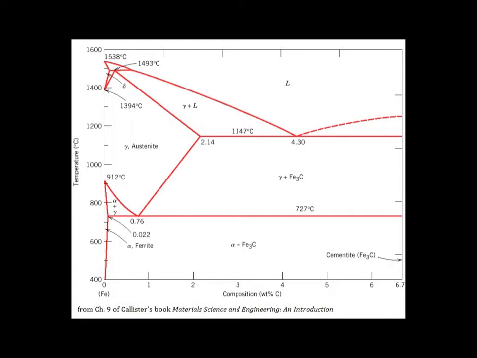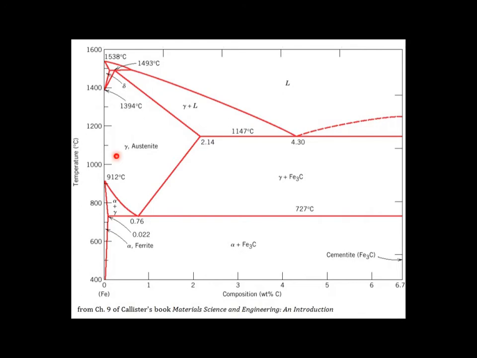This is obviously very important because iron plus carbon is the basis of forming steel alloys and also for forming gray iron or ductile iron alloys as well. So some of the important things that we can notice on this phase diagram: iron is allotropic, so at low temperature it has an alpha BCC structure, and at high temperature it has a gamma FCC structure, and then at even higher temperature it has one more BCC structure before finally melting.